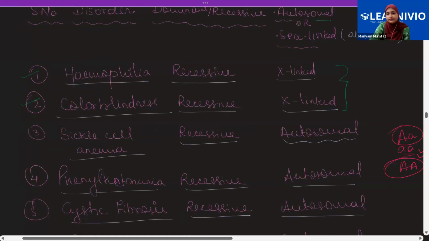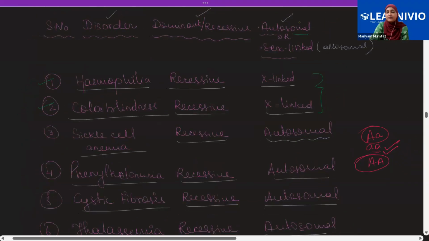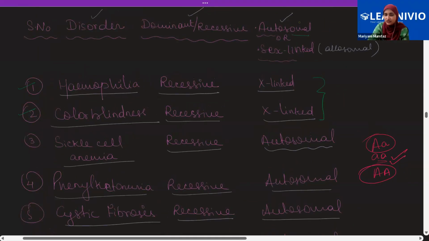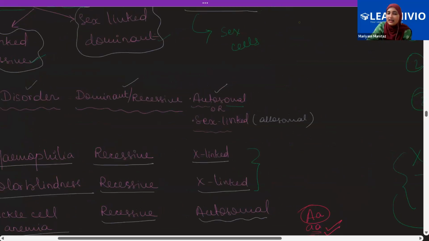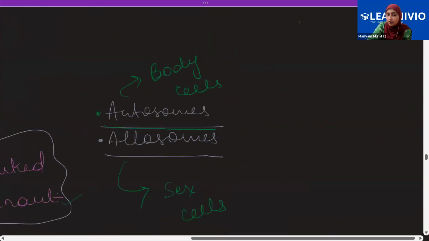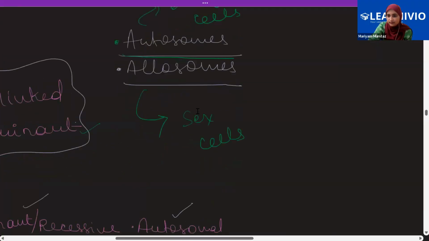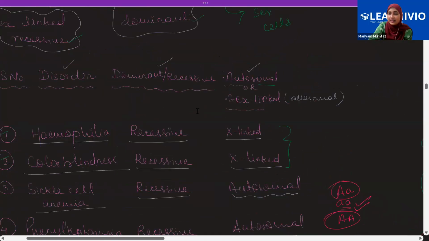Now let us see all of these different Mendelian disorders. They differ in whether they are expressed in a recessive or dominant condition, and whether they are linked with the body chromosomes, meaning the autosomes, or with the sex chromosomes. Accordingly, they have been classified.